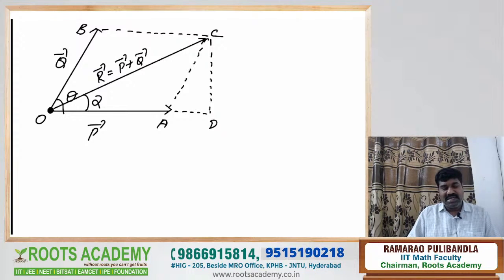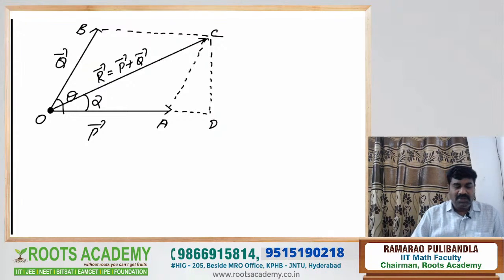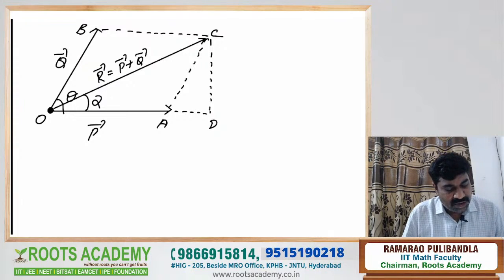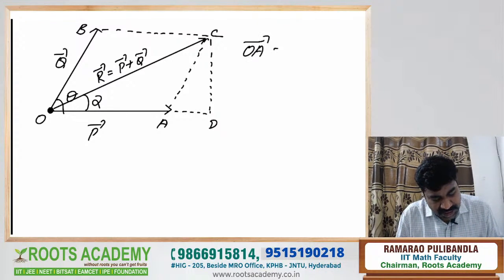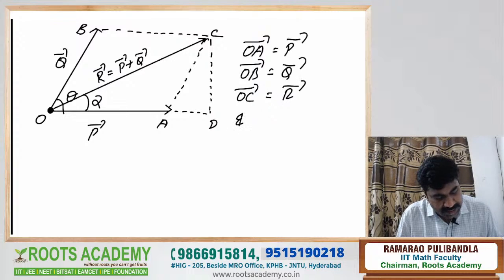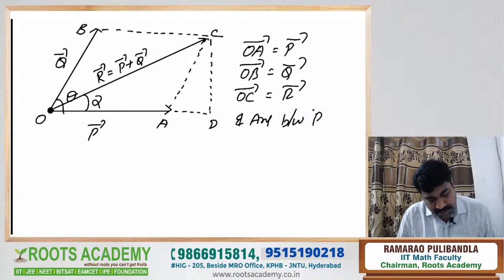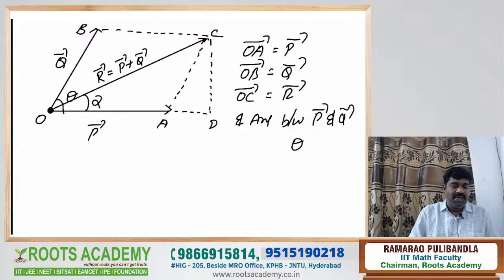OA bar is P bar, OB bar is Q bar, OC bar is R bar, and the angle between P bar and Q bar is theta.